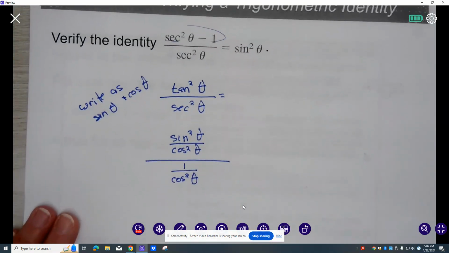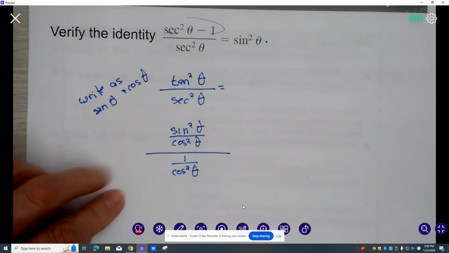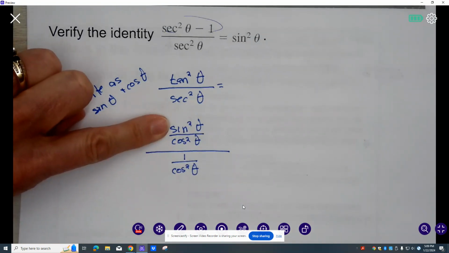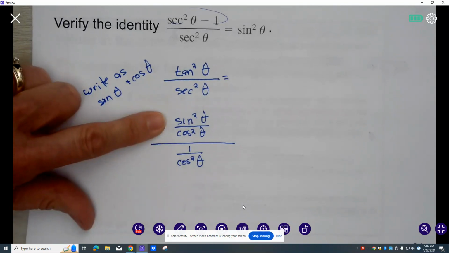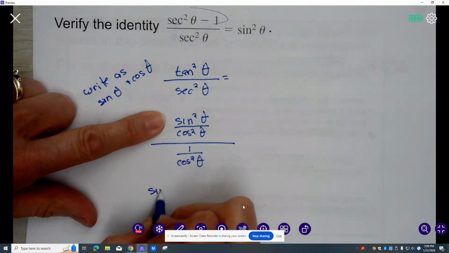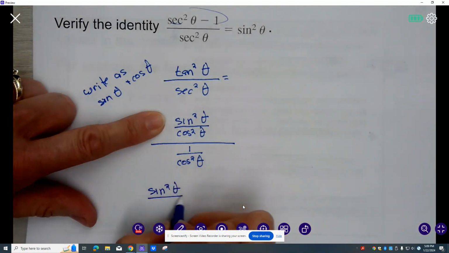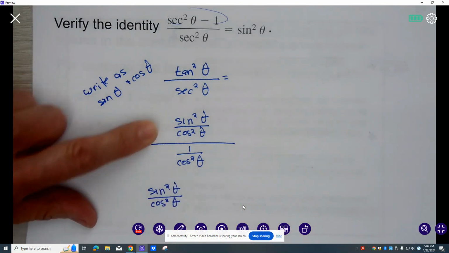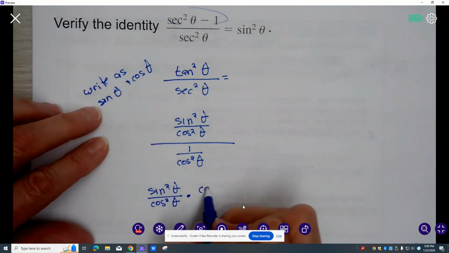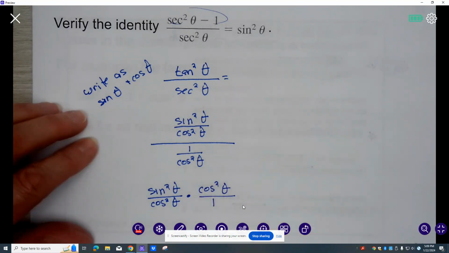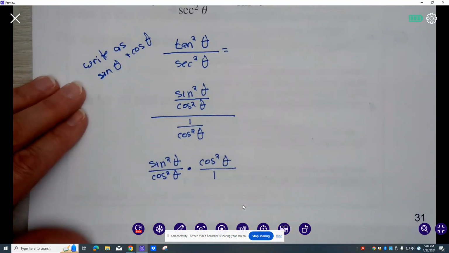Okay? So that's looking good. This is one of those deals where I have a fraction divided by a fraction. So I want to do the keep, change, flip: keep the first fraction. So I'm just going to copy sine squared over cosine squared, keep, change to multiplication, flip the second fraction. So the cosine squared of theta goes on top and the 1 goes on the bottom.